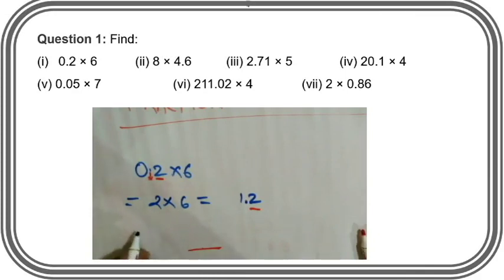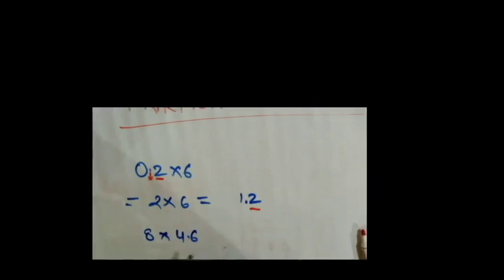Now take another example. 8 multiplied by 4.6. So think you are going to multiply 8 by 46. So 8 sixes are 48, 4 carry. 8 fours are 32, 32 plus 4 is 36.